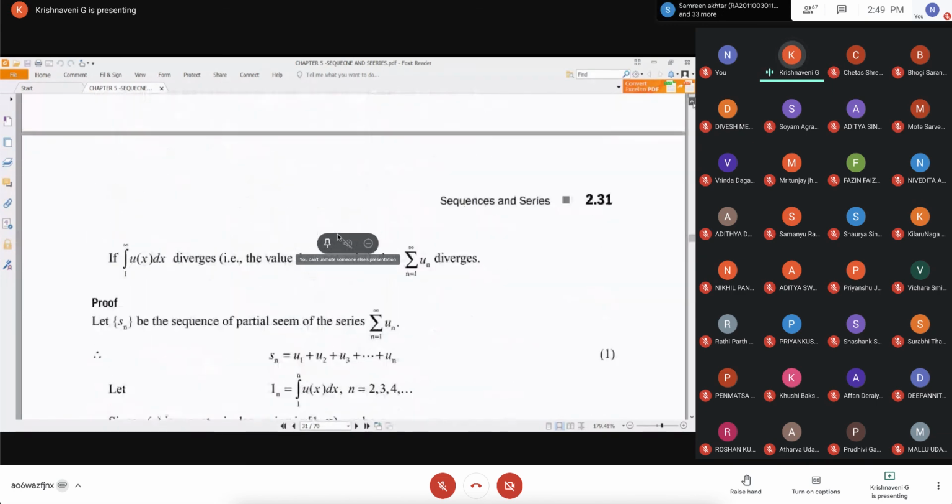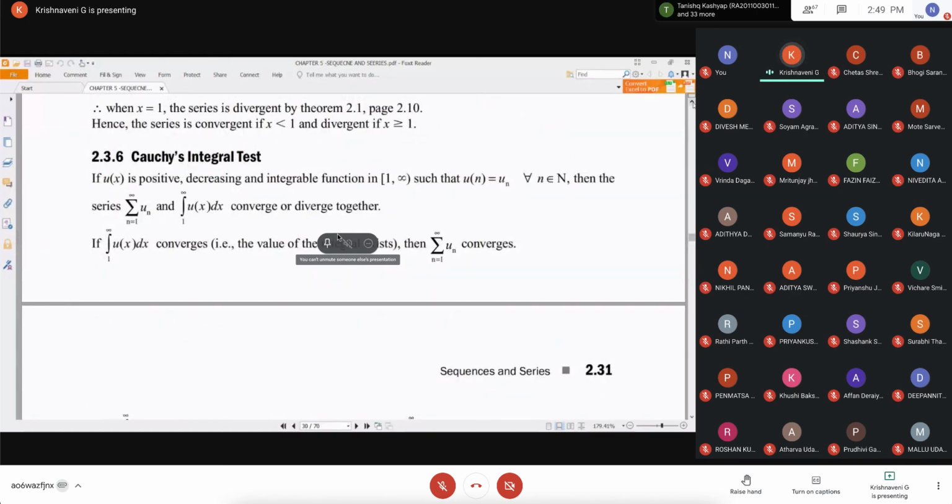All of you write this one. Cauchy's integral test.